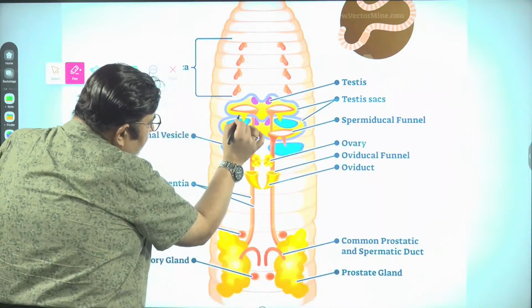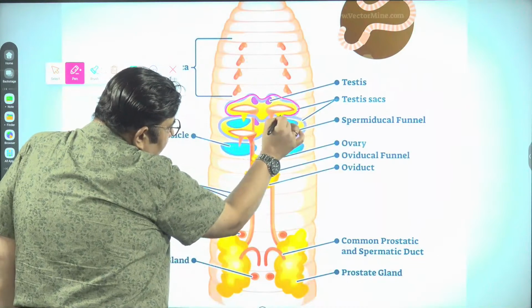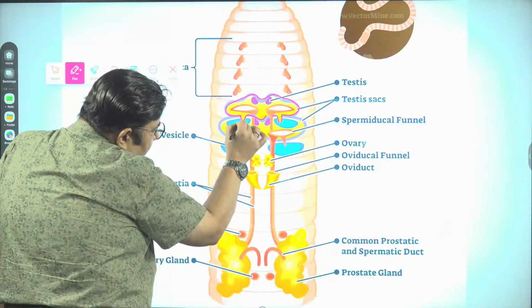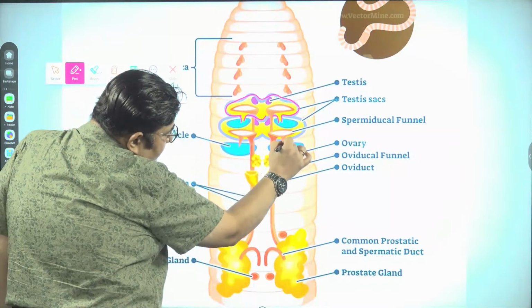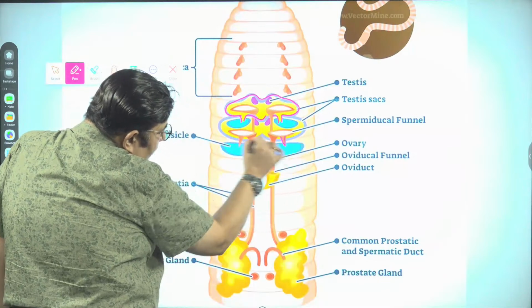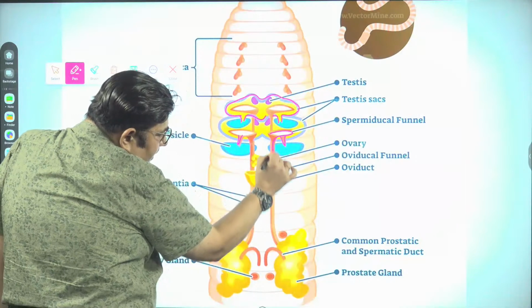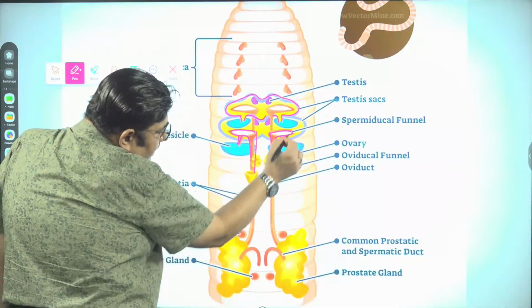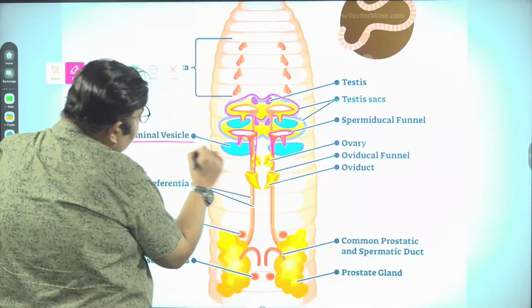So this is the testicular sac, and you can see the seminal vesicle is connected to it. Similarly, this is also connected here. The spermiducal funnel is this one. But this testicular sac is connected to the seminal vesicle.